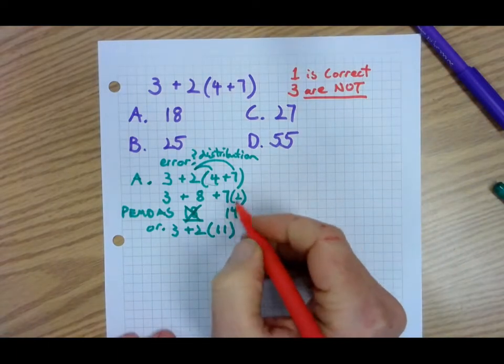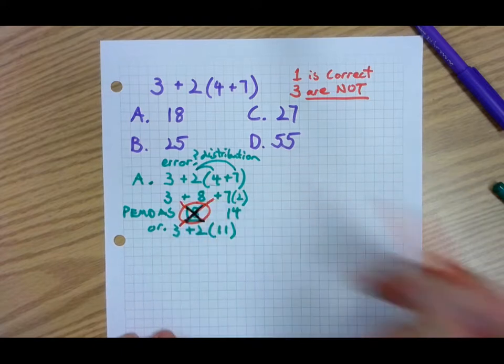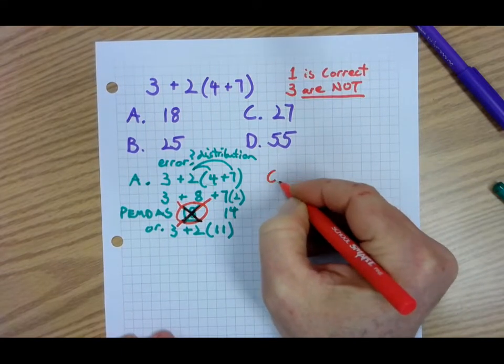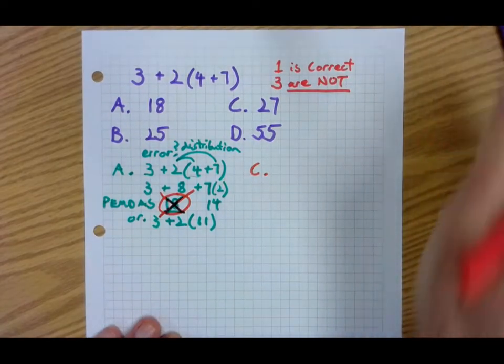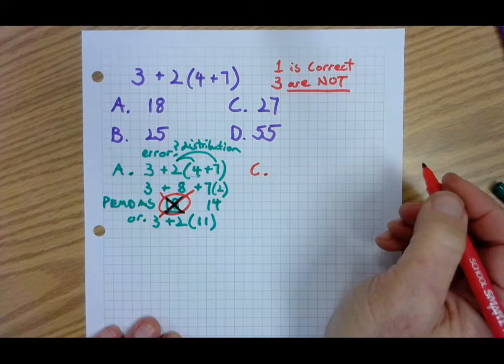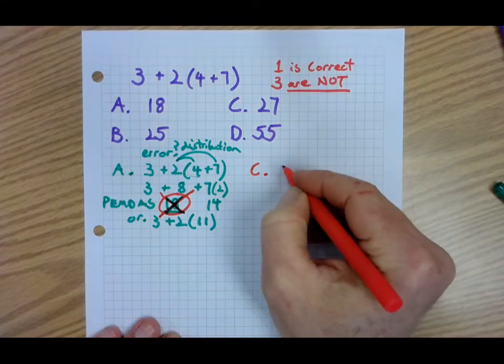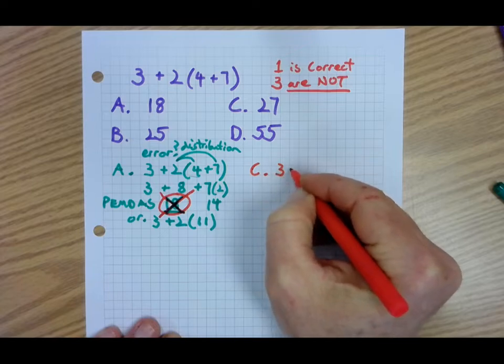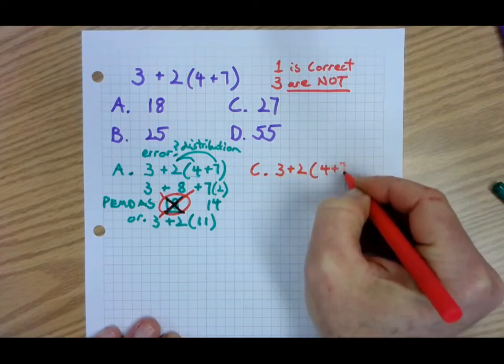Okay, for C, did you get 27? Let's find out how you could possibly get 27. I'm thinking while I'm writing, calculating in my head how I could get 27. Oh, I see. I see.